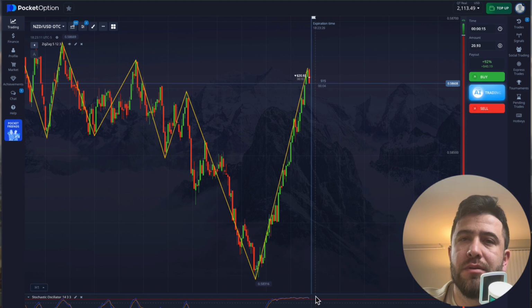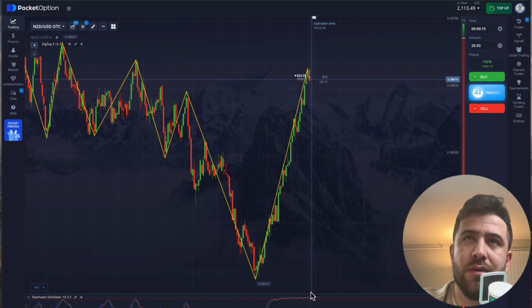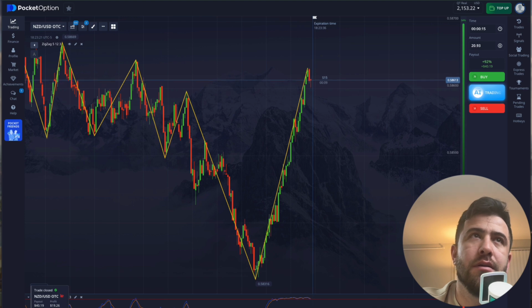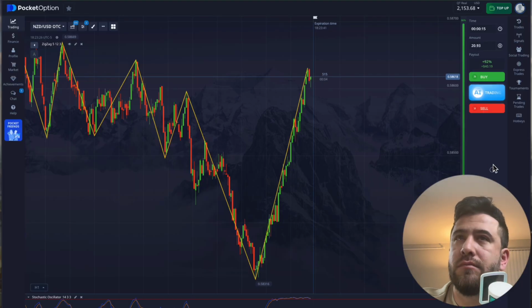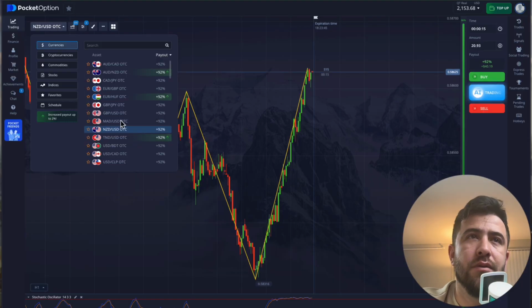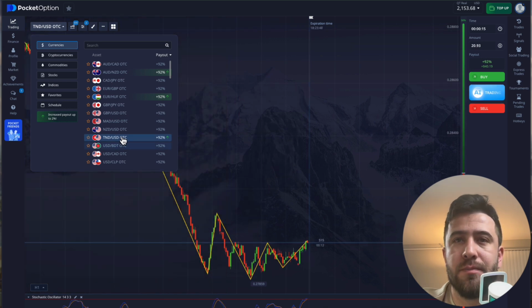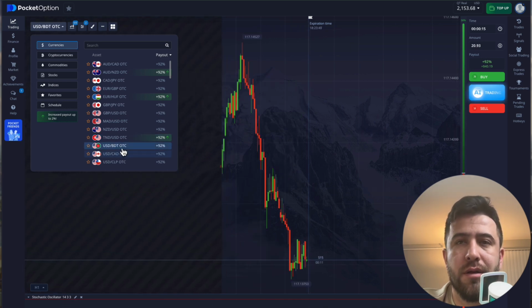We open sell because we see here it's in the overbought zone, but let's wait how this candle works out. So we got a win on this trade, and we look for opportunities on another currency.